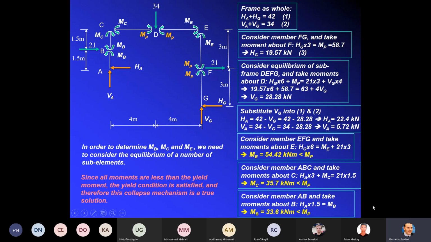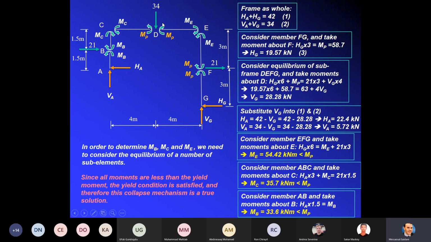So now we've got all the moments known everywhere, at all the joints, at all the points where the loading is applied, and everywhere the moments are less than or equal to MP.